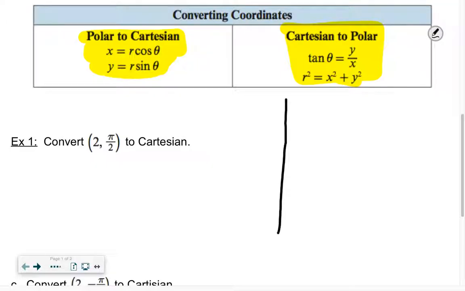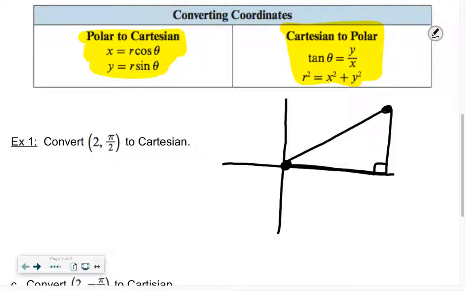Well, if we're given our coordinate plane, and this is our starting location, and say I want to go to this point over here, we can draw our right angle. This here is going to represent our x value. This would represent our y value.